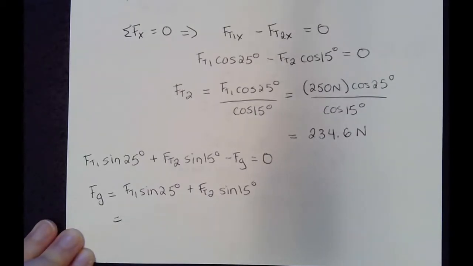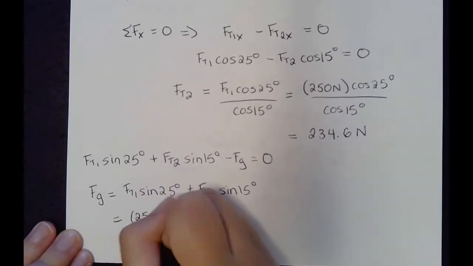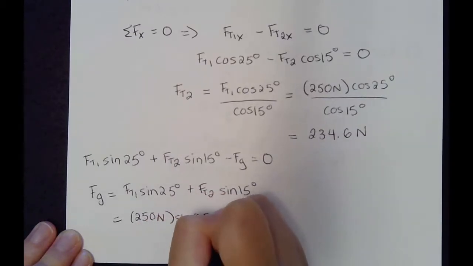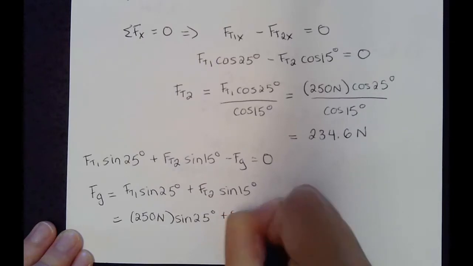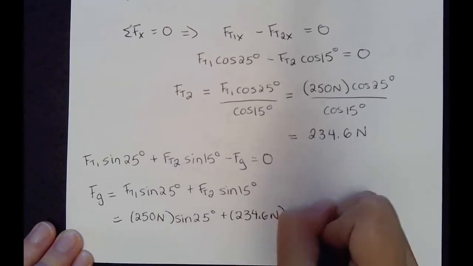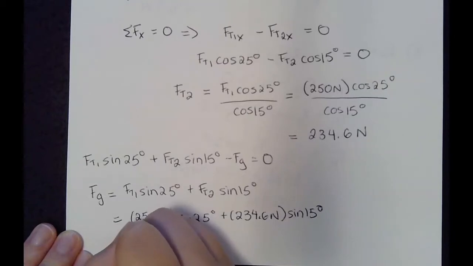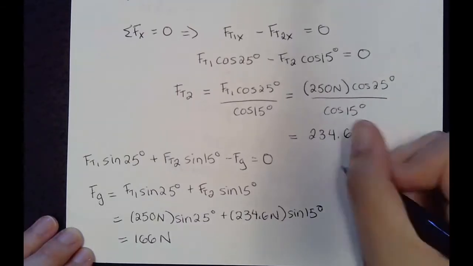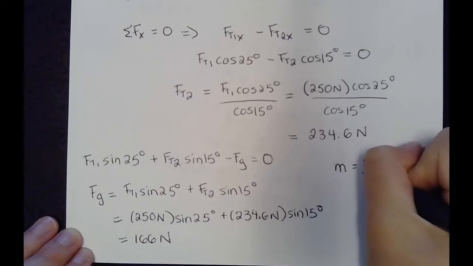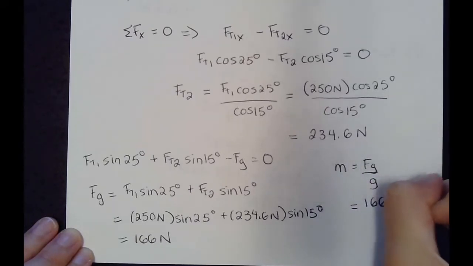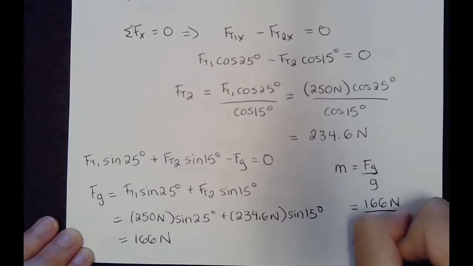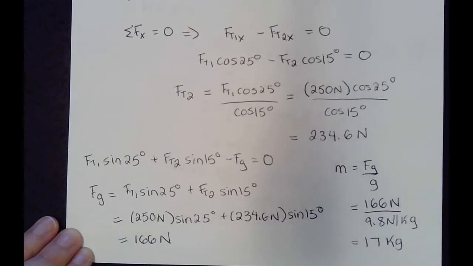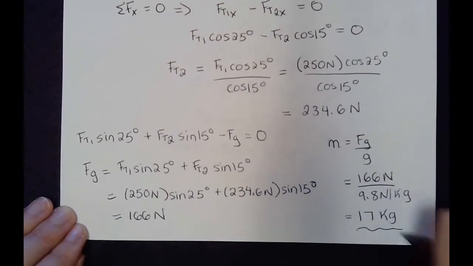So that is 250 newtons sine 25 plus 234.6 newtons sine 15, which gives a weight of 166 newtons for the traffic light. And now that we have that, in the last step we can find the mass. M is Fg over g. 166 newtons divided by 9.8 newtons per kilogram to get 17 kilograms for the unknown mass of the traffic light, and that's our final answer there.